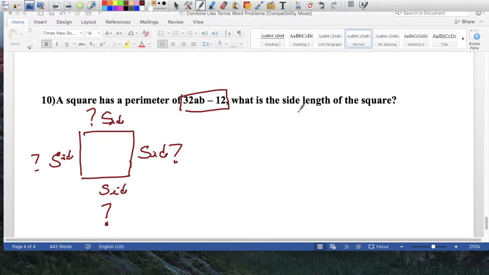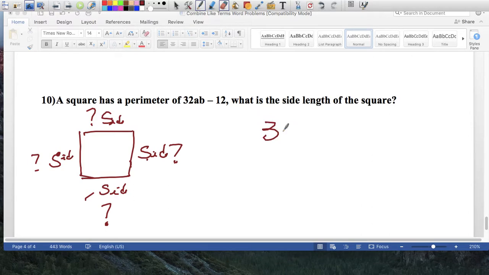Right? So if I told you that the square had a perimeter of 32, for example, let's forget this for a second, and I asked you to find out what the measurement of one of the sides would be, you would do 32 divided by 4, right? And you would tell me that each side measured 8. So likewise, we're going to do that.